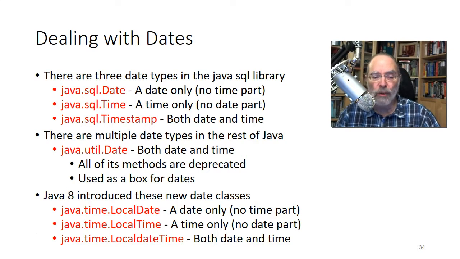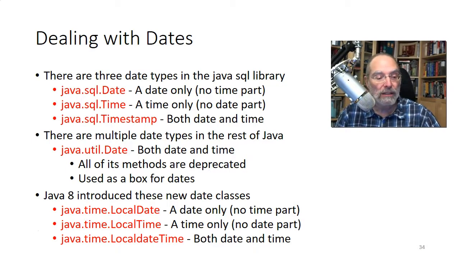Before the more recent Java 8 date types, it was usually recommended that you use something called a Gregorian calendar in place of a date. However, Java 8 introduced new date classes based on a library many programmers used called Joda Time.